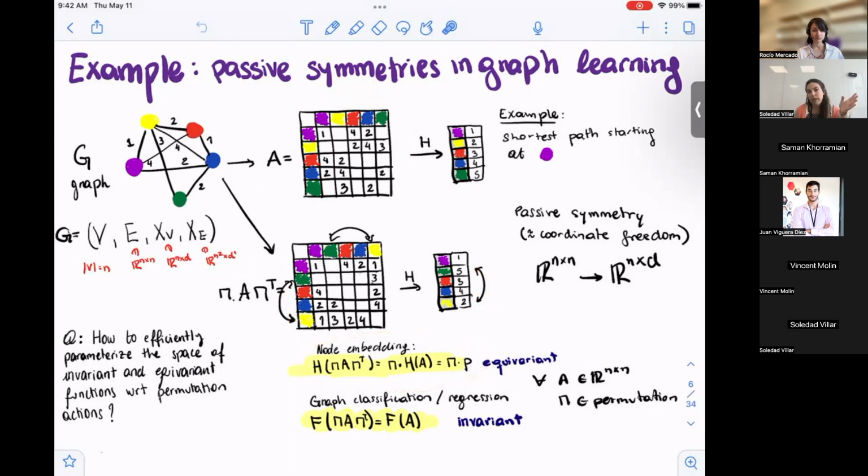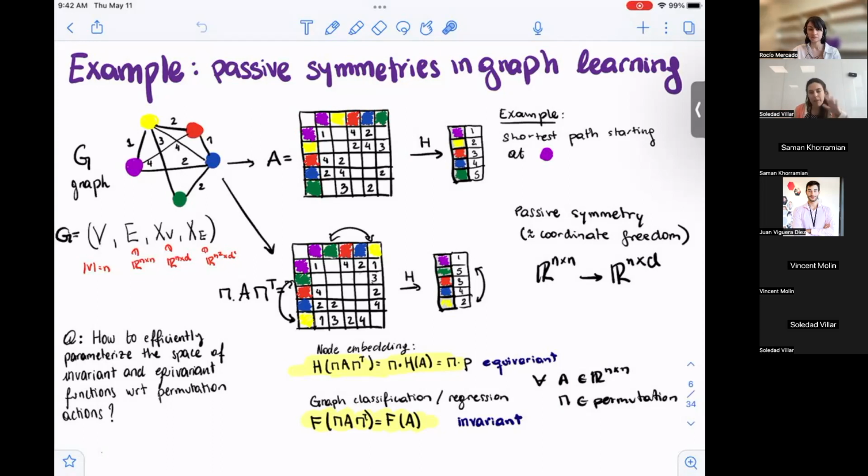And so all graph neural networks that people use, message passing, graph convolutions, and more complicated forms of graph neural networks, satisfy this property. There are a lot of questions in graph neural networks of how you can efficiently parameterize the space of invariant or equivariant functions with respect to this group action so that you get something expressive enough to write interesting functions, but also a parameterization that is scalable, so you don't have an exponentially large number of parameters.